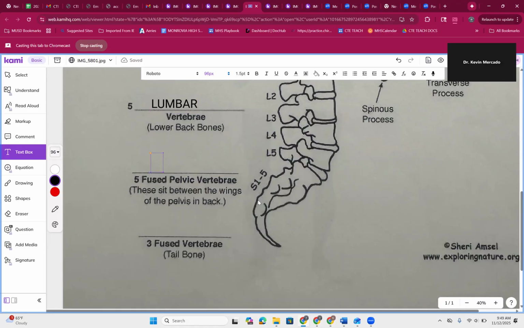Do you remember what this is called here? Can you guys see that arrow? What is that bone called? Does anybody remember? Sacrum. Good. And then the tailbone. Close.